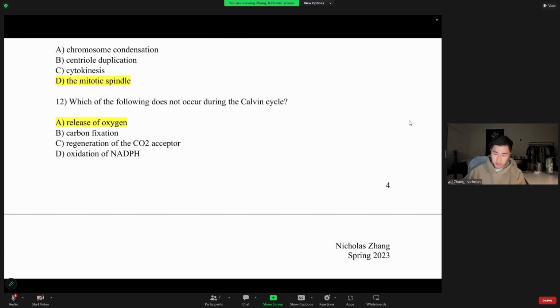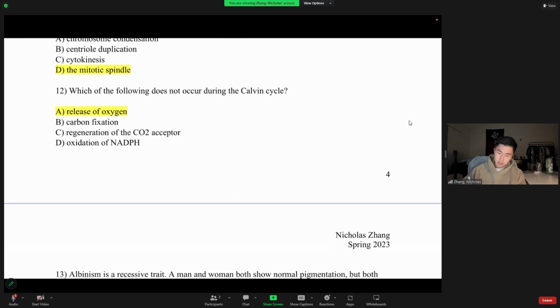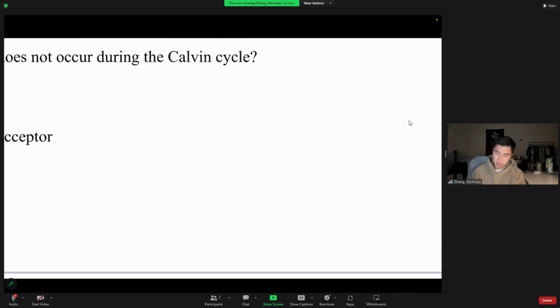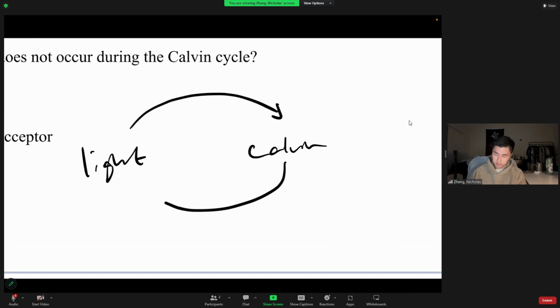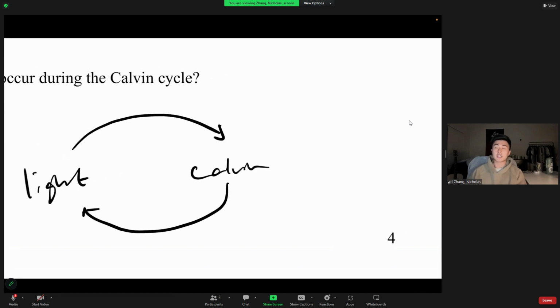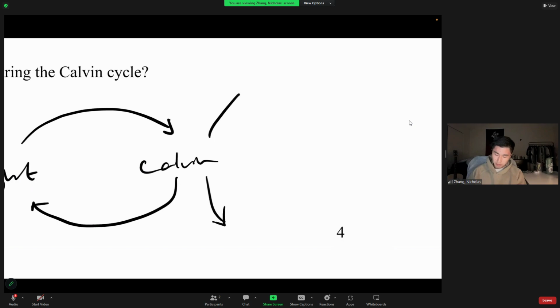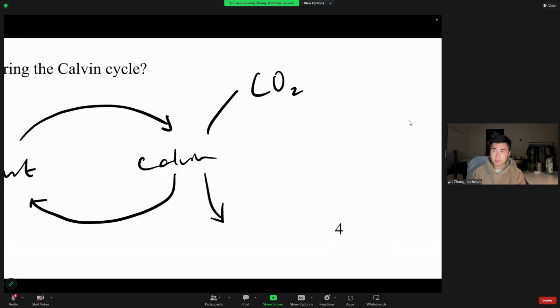Which of the following does not occur during the Calvin cycle? So the Calvin cycle, as we remember from exam 2 or 3, is the light reaction, Calvin. And these are working in conjunction basically to produce sugar molecules, right? Well, if I remember from the Calvin cycle, CO2 goes in.